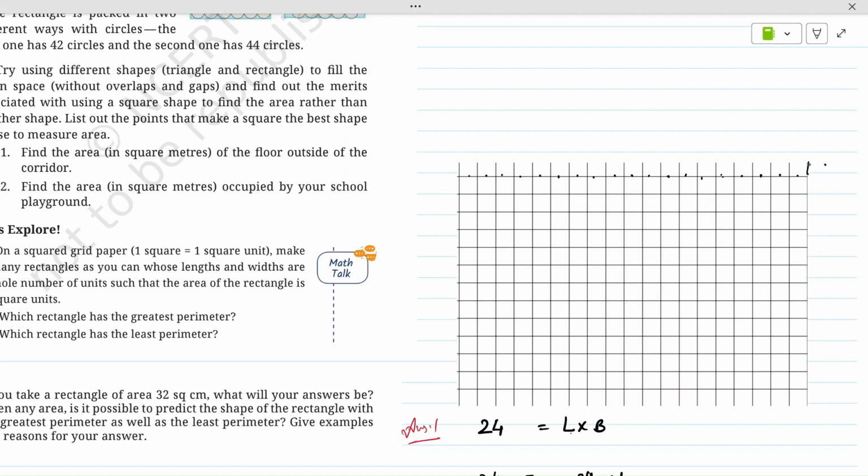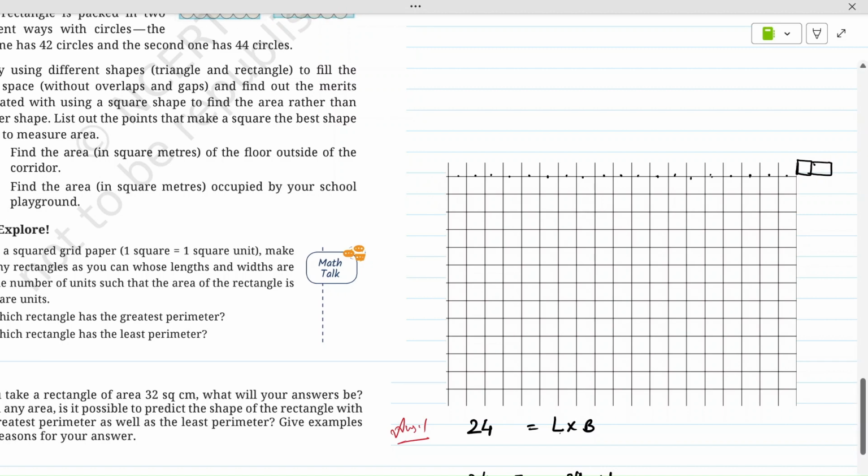So this is 21, 22, 23 and 24. So similarly, we'll have it like this.